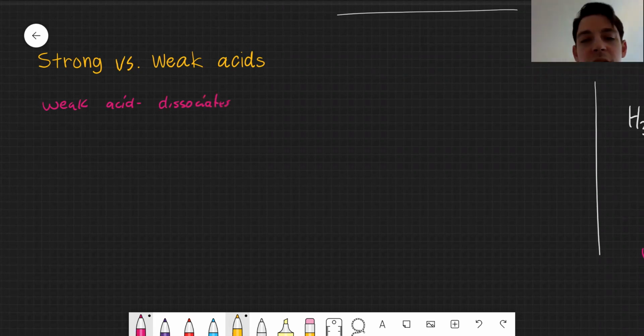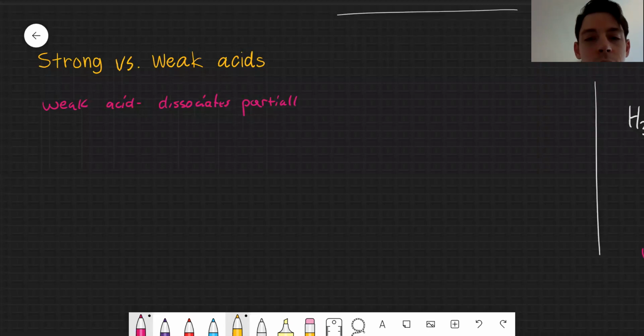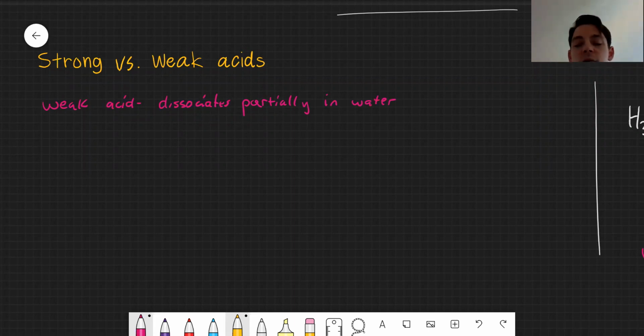Say it dissociates partially in water. Typically it dissociates to a very small amount. Phosphoric acid dissociating about 10% is actually relatively high for a weak acid. Many of them dissociate 1% or less. So they have Ka values that are much less than 1.